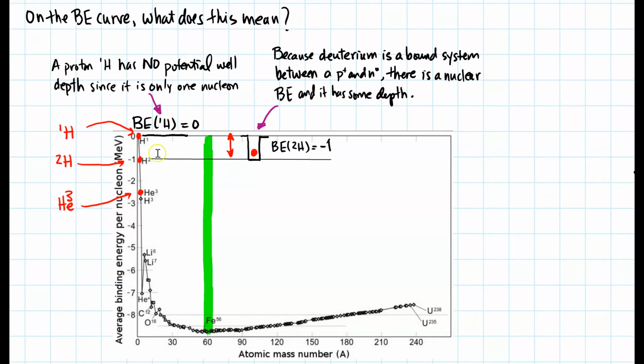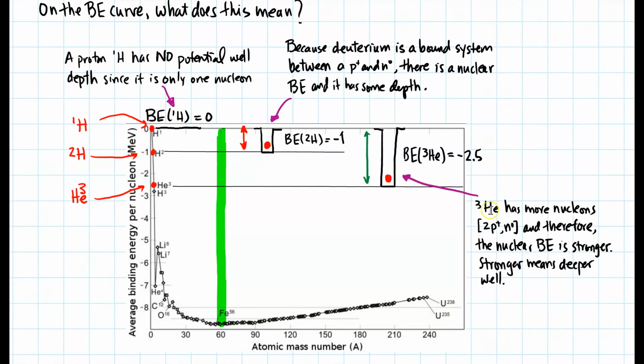So when I look at the deuterium, you can see that the value is -1, so its binding energy is -1. If you look at helium-3, it has more nucleons, and therefore its nuclear binding energy is stronger. Stronger means a deeper well. So when I look at helium-3, you can see here that its binding energy is about -2.5.